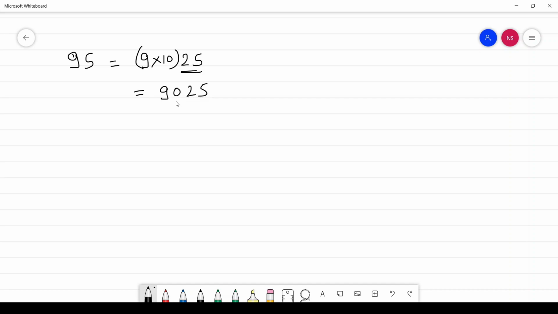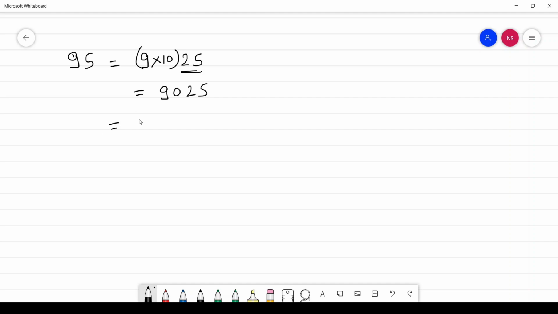Now we will check with the method which we have seen now. This is less than 100 by 5. In the previous case where the number was higher than 100, we were adding the difference.